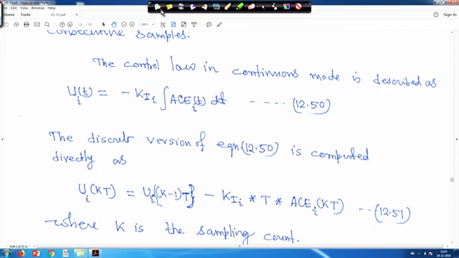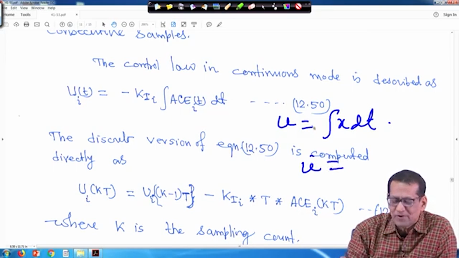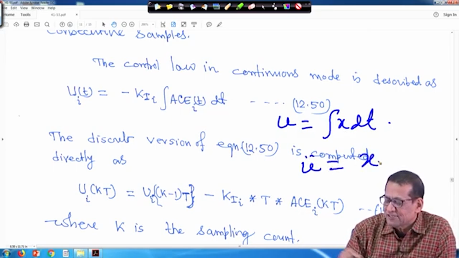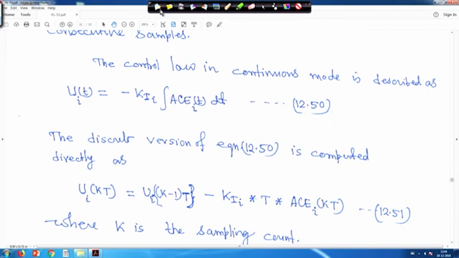I think you know this kind of thing. Suppose u is equal to, for example, the integral of x dt.